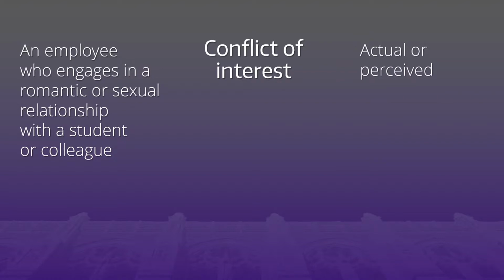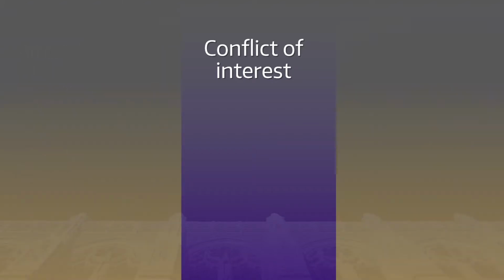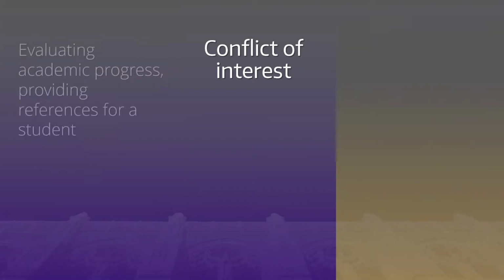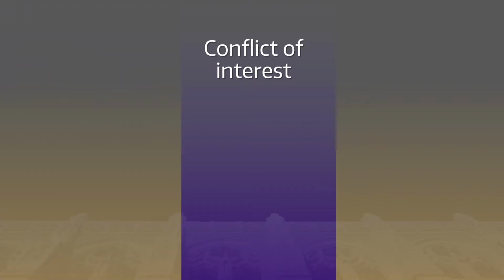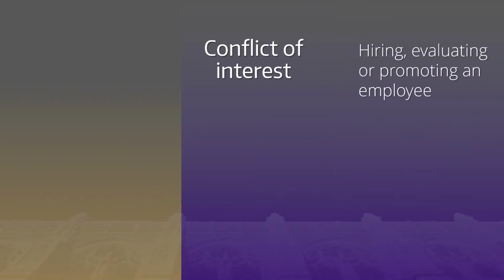The romantic or sexual relationship can cloud professional judgment and decision-making. For example, when evaluating academic status or progress, or providing career references for a student, or when hiring, evaluating, or promoting an employee.